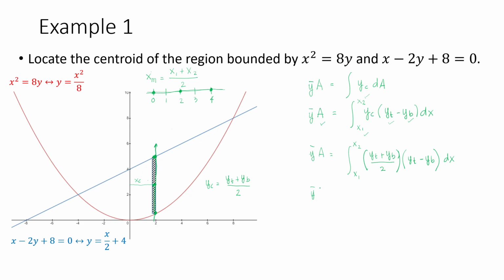Then you can now replace the values. So bar y times 36, and then this one is, so y top would be the blue one, x over 2 plus 4, plus y bottom, that would be x squared over 8, then divided by 2, and then y top minus y bottom.